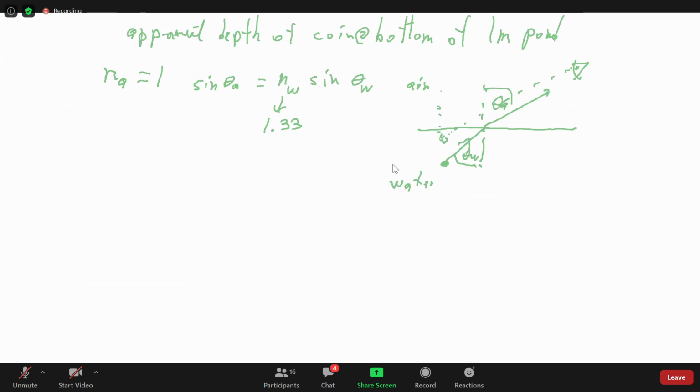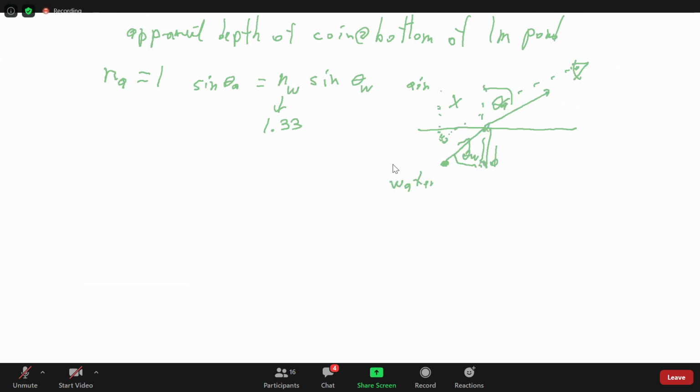So let's just put some dimensions into this. We'll call this X, and we'll call the real depth little d.